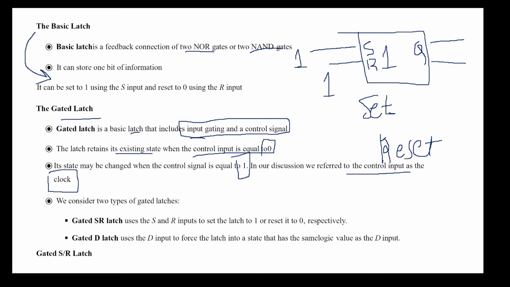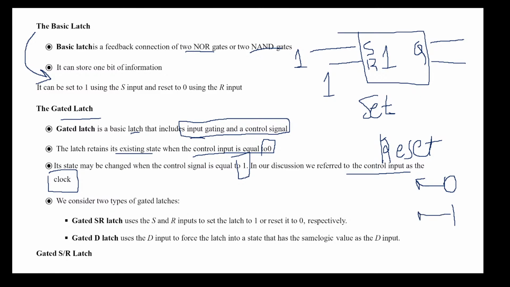Right, so it is the gated latch. Gate means very similar to the gates that we have in our homes. When the lock is open, anybody can come in, but when the lock is closed, anybody cannot come in. So it is nothing but the zero condition and one condition. When it is zero, that means it will retain its existing state. We cannot make any change. That means nobody can enter the gate.